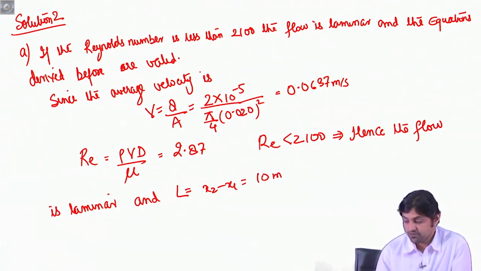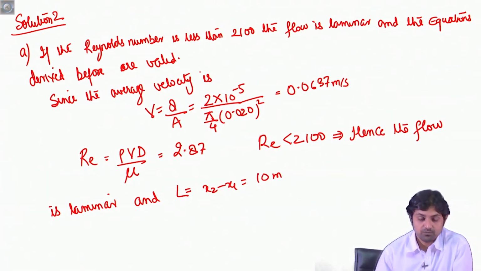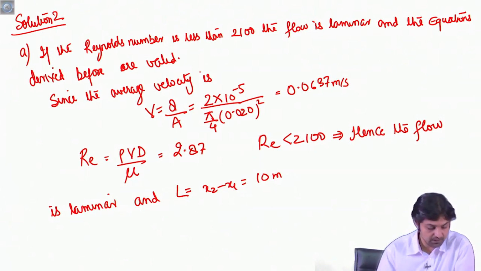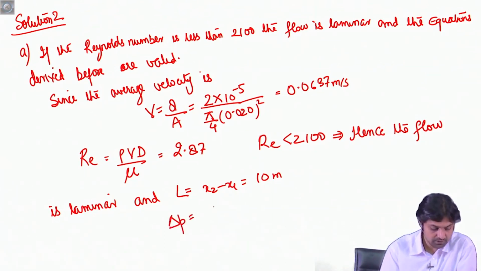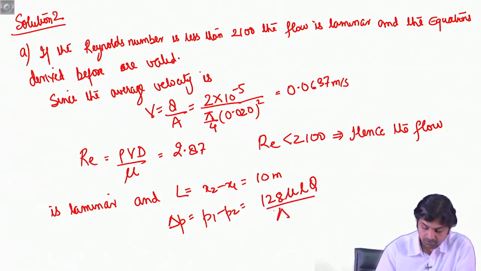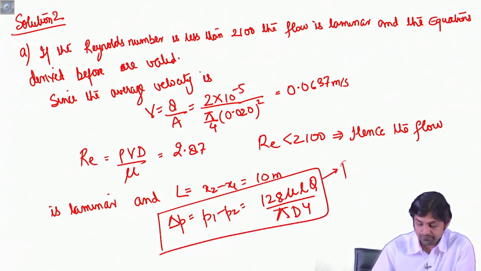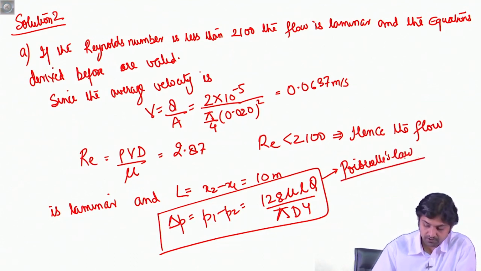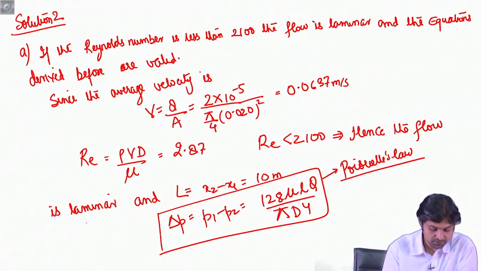So first we found the velocity, checked using the Reynolds number whether it is laminar or not. Yes, it was laminar, and the pressure drop is P1 minus P2 equal to 128 using Poiseuille's law. So we are now going to substitute that.